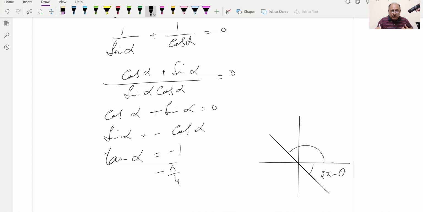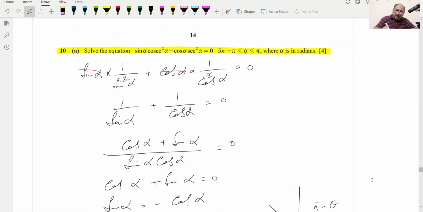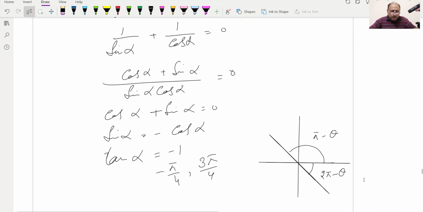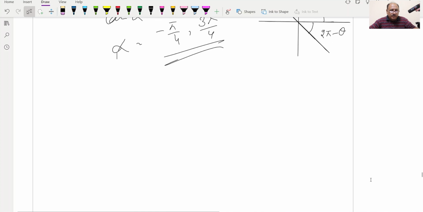So we can write it as minus pi by 4, and the second value will be 3 pi by 4, because alpha is varying from minus pi to pi. In between that we have these two values. So our alpha values will be minus pi by 4 and 3 pi by 4. This is done.